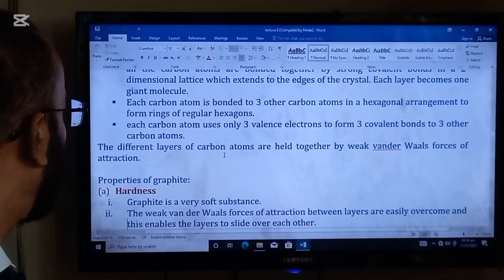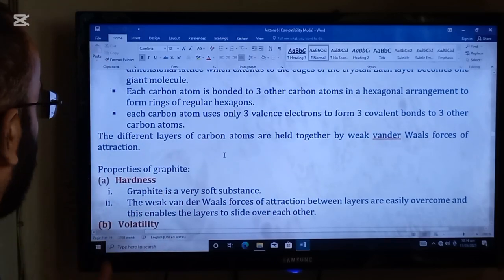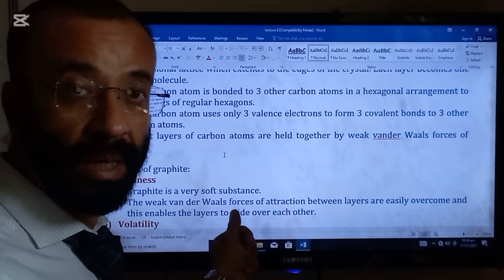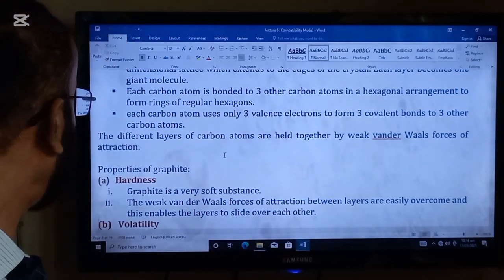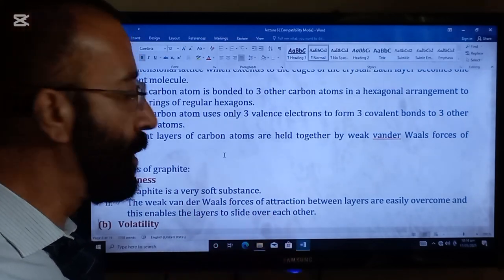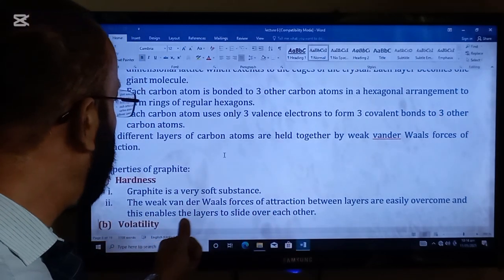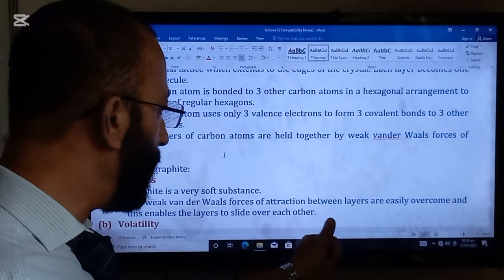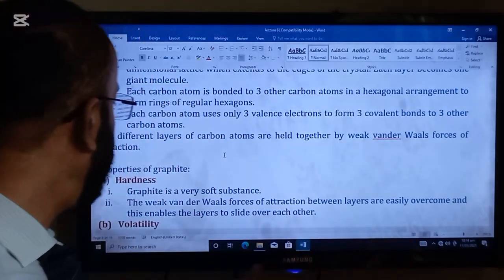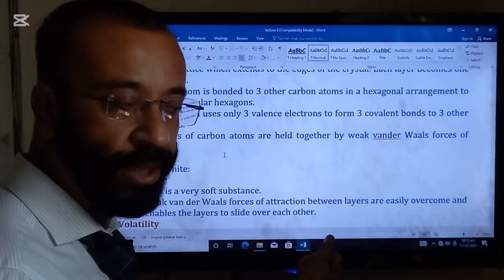Properties of graphite. The first property is hardness. Graphite is a very soft substance. The weak van der Waals forces of attraction between the layers are easily overcome, and this enables the layers to slide over each other.